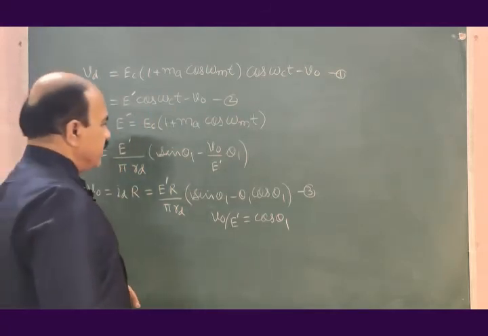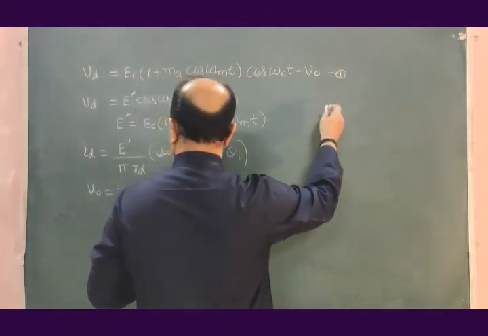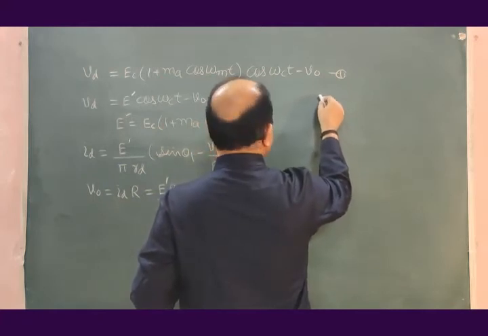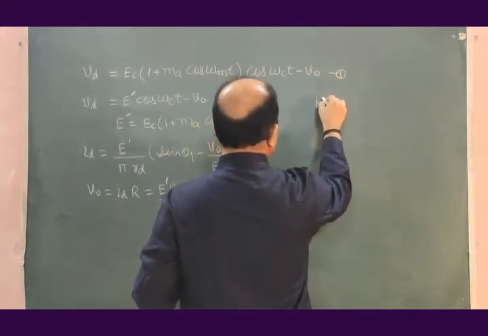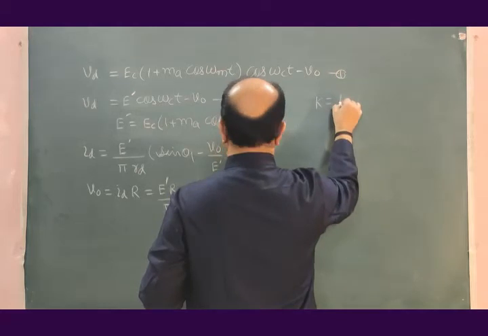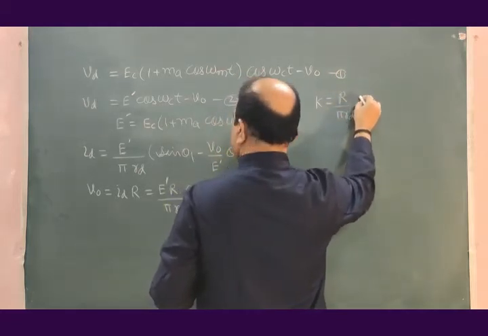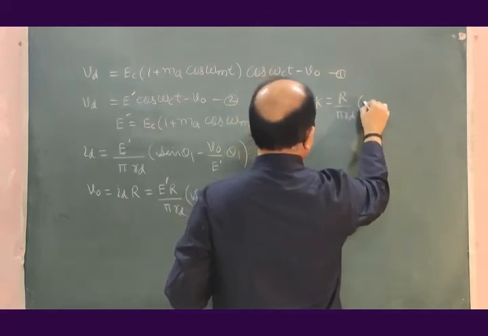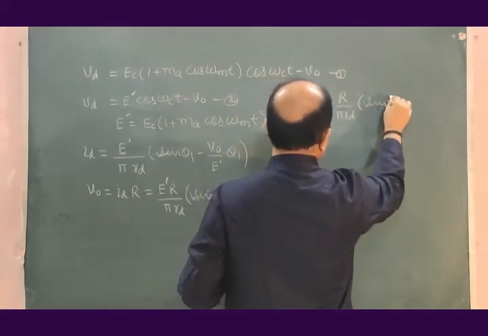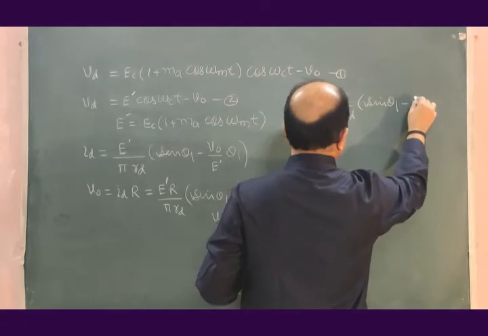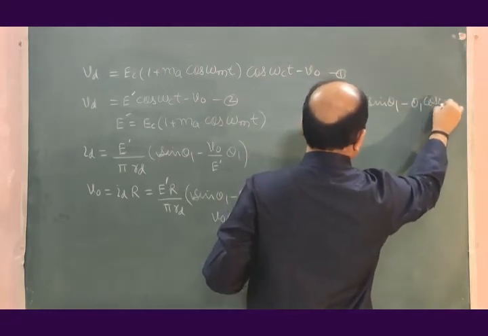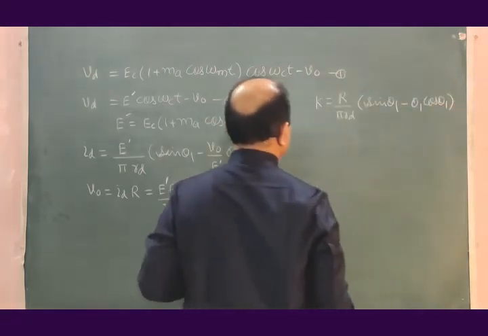Equation 3 may further be written as, let me consider some constant K is equal to R divided by pi RD into sin theta 1 minus theta 1 cos theta 1.